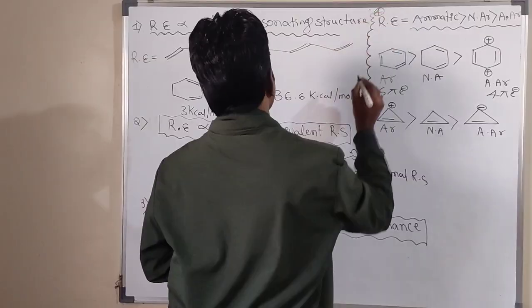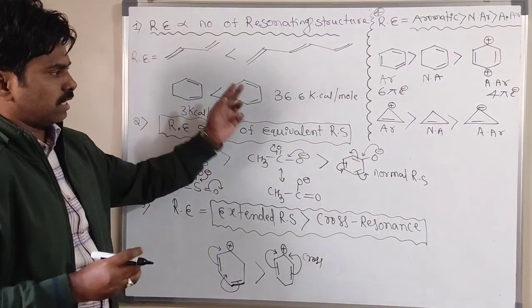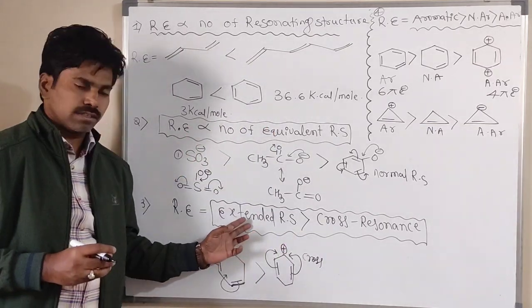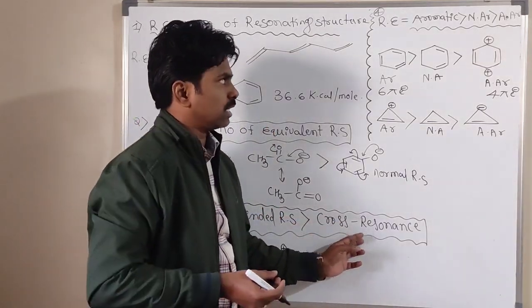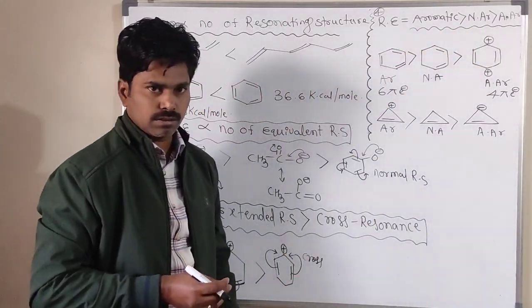There are 4 points. As the number of resonating structures increases, resonance increases. As equivalent resonating structures increase, resonance energy increases. Extended resonance has more priority than cross resonance, and aromatic has more priority than non-aromatic and anti-aromatic. Okay, understood? Right.